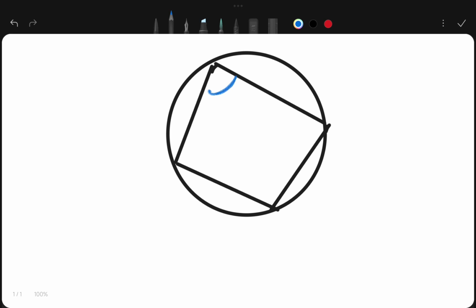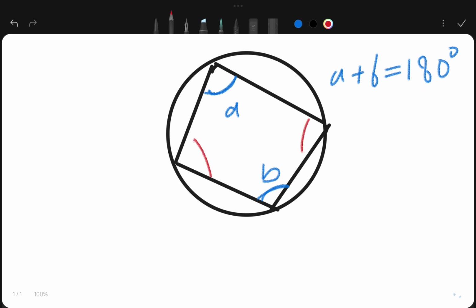So let's call these A and B. The sum of A and B will always equal 180 degrees. Now let's take the other two, let's call these C and D. The sum of C and D will always equal 180. So the sum of opposite angles is always going to be equal to 180.